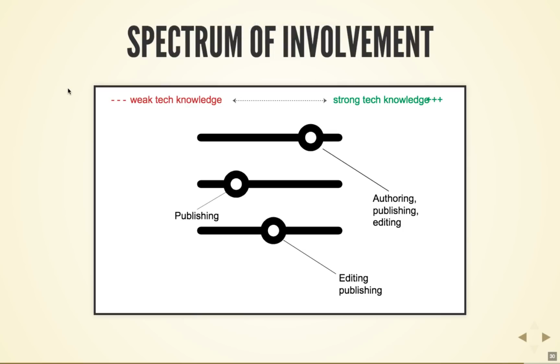If you've got weak technical knowledge, you might just be doing editing and publishing. And so there's a place for you along this spectrum, right? If you've got strong publishing expertise, it can allow you to fill a gap in other areas. But definitely, if you want to be a power player, you combine your tech knowledge with your other knowledge of writing, and you can really do a lot.